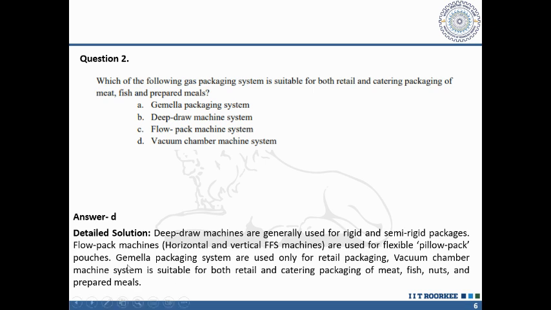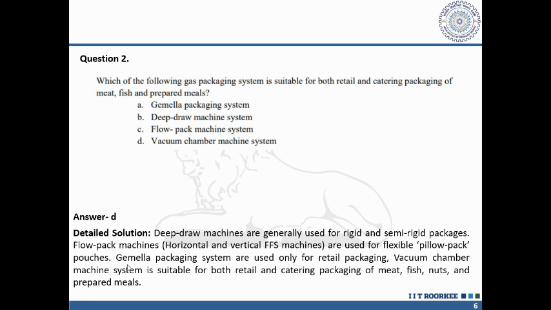So in the detailed solution, we have given that deep draw machines are generally used for rigid and semi-rigid packages, and flow pack machines, horizontal and vertical, you use for flexible pillow pack pouches. You have seen your chips, that is a kind of pillow pack.